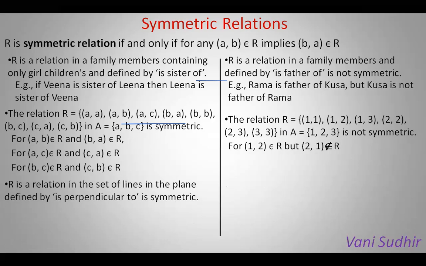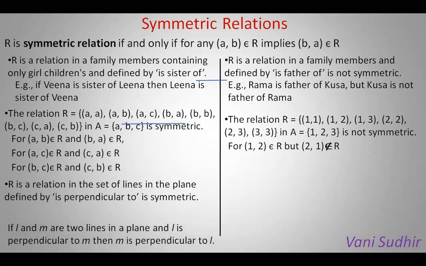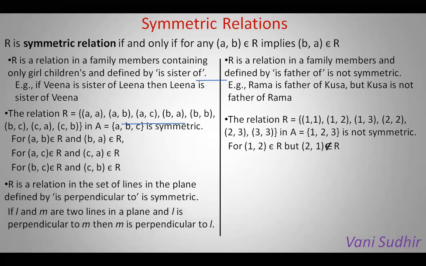Next, "is perpendicular to". Take the set of lines in a plane. If L is perpendicular to M, then M is perpendicular to L. Perpendicular means the angle between the two lines is 90 degrees. Therefore, "is perpendicular to" is a symmetric relation.